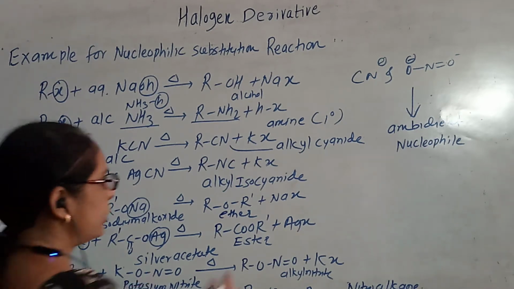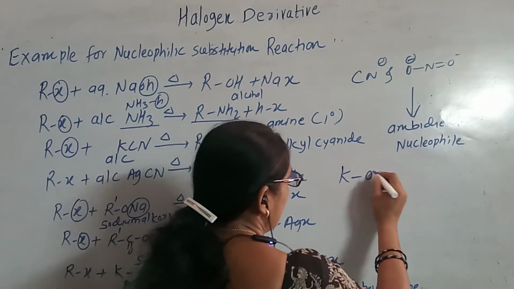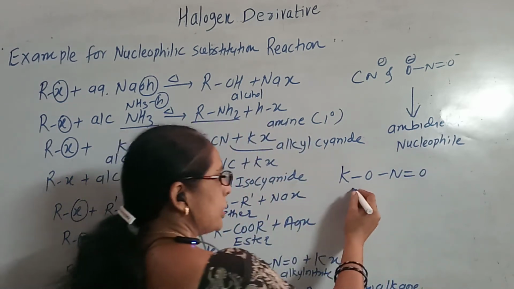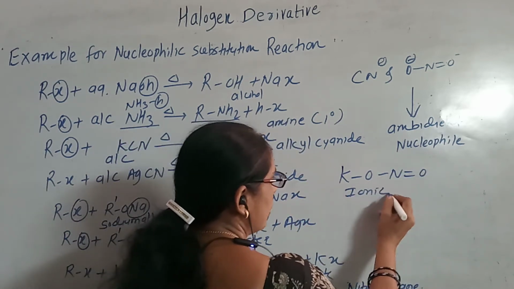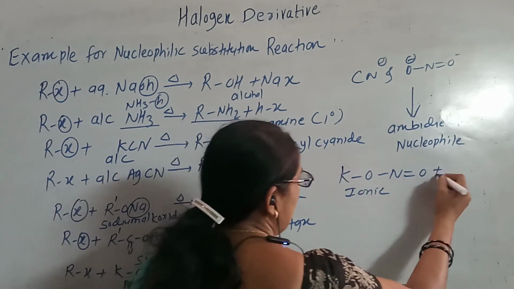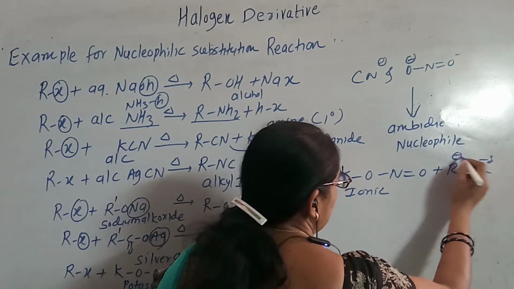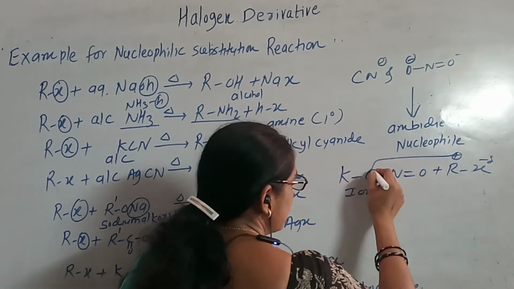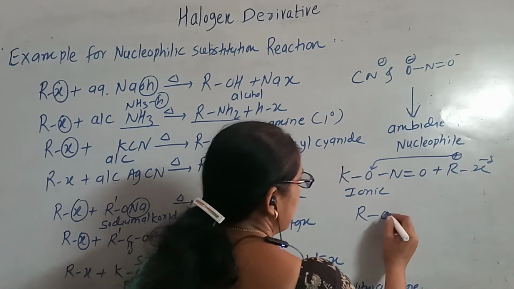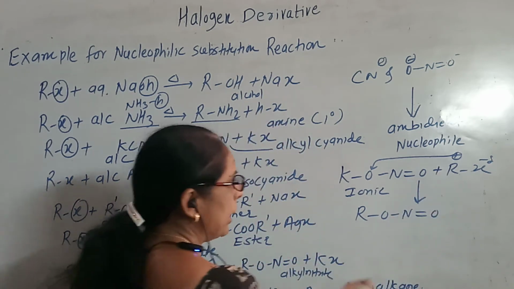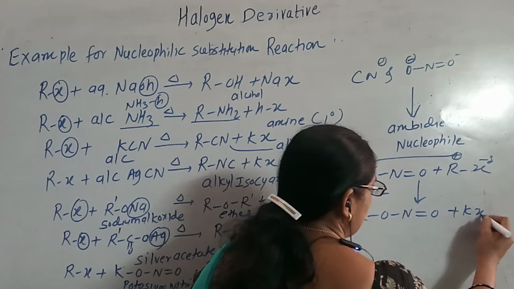So in the case of potassium nitrite, the reaction can occur as it is ionic. The reaction occurs so that the R group of the alkyl gets attached with the oxygen and you get a product as alkyl nitrite, and the remaining you get KX.